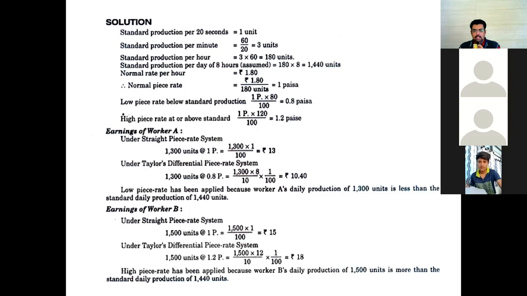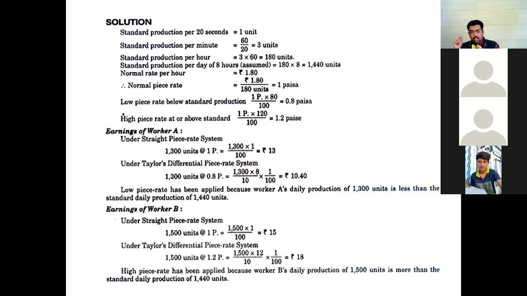Then under Taylor differential piece rate system, which I already mentioned in yesterday's class, 1300 units at 0.8 paisa is equal to 1300 into 8 divided by 10 into 1 by 100, equal to rupees 10.40. How do you identify that the low piece rate has been applied? Because worker A's daily production of 1300 units is less than the standard daily production of 1440 units.